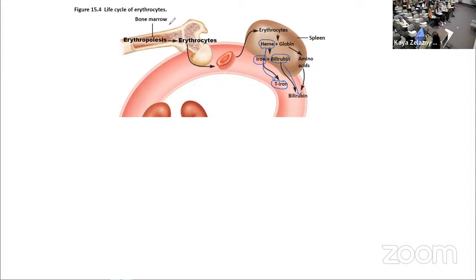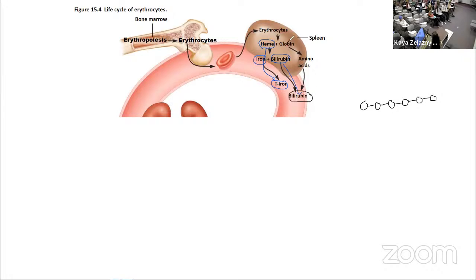Okay, so the globin part of the molecule, we didn't zoom in on its structure, but like any other protein, it can be thought of as a bunch of amino acids stuck together in a polypeptide chain that just folded a bunch, right? So that's what the globin would look like. So when we break down hemoglobin, we break out those amino acids, and they also become part of the bilirubin.